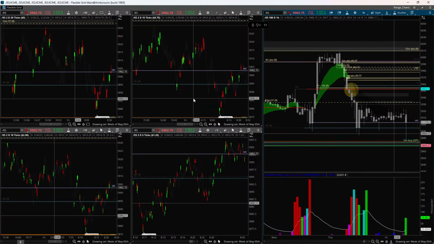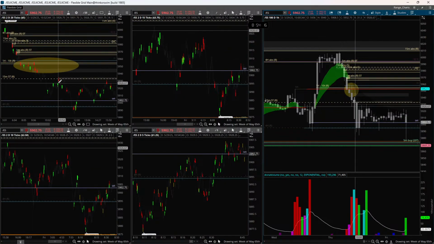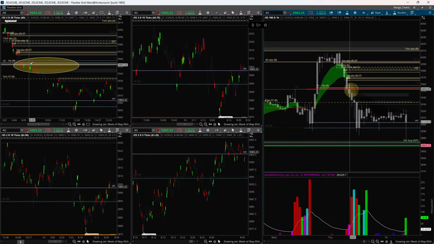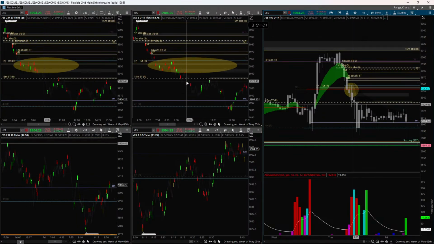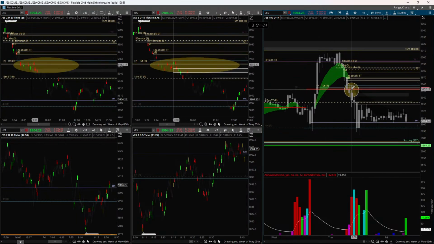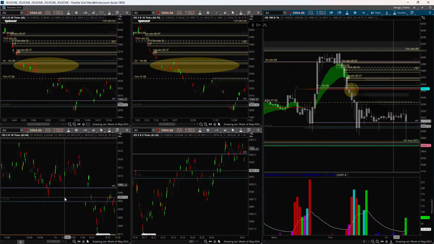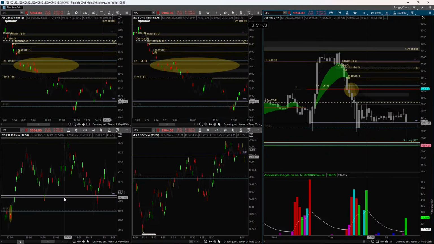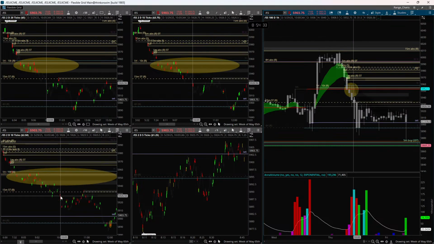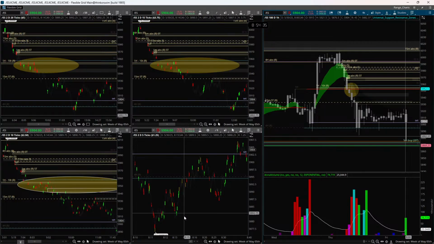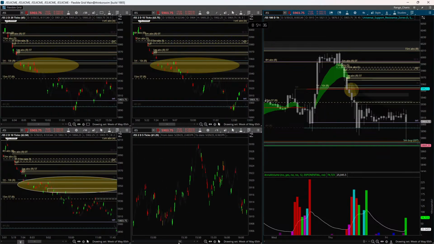All right, so we do have some selling here. I like this. Let's go back. We got some selling around here, which I like. That's what we're looking for, some selling around that area.